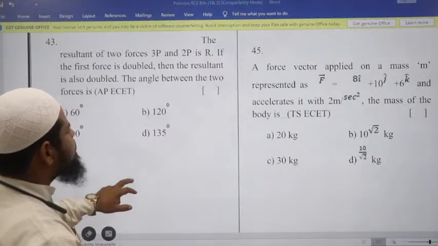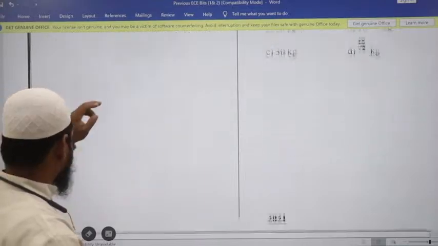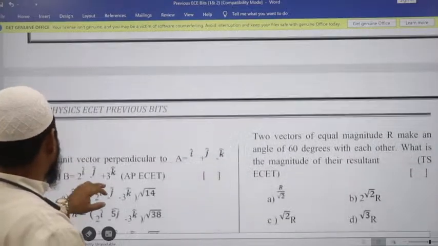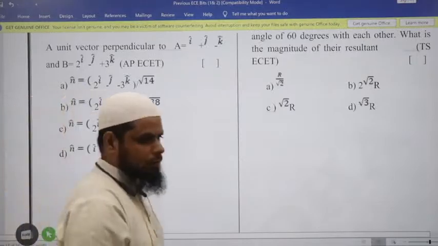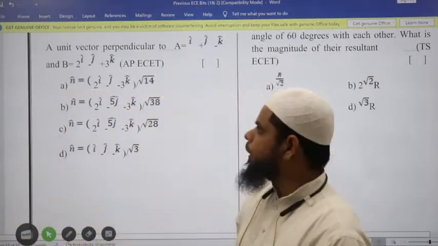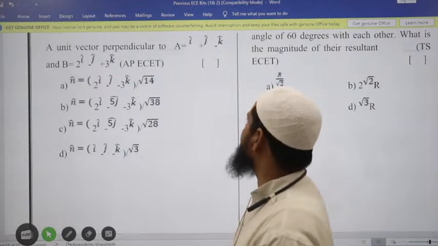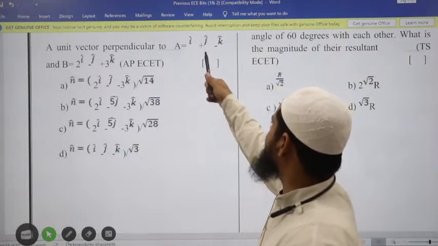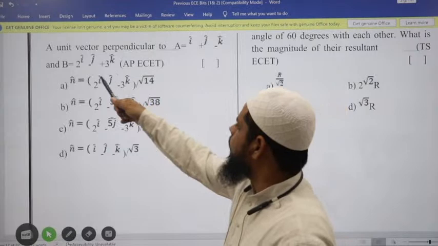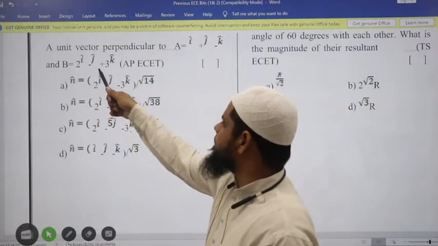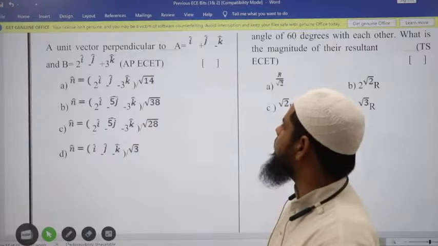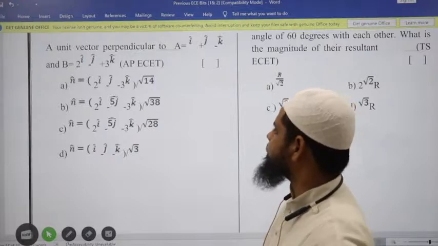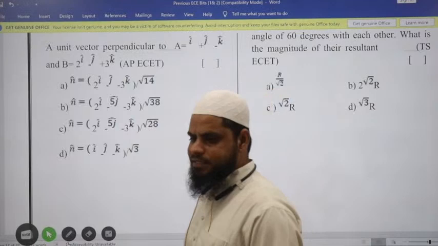Next, let us move on to the next problem, 44. The next one is a unit vector perpendicular to A is I plus j minus k and B is equal to 2I minus j plus 3k. What is the unit vector perpendicular to this one? So, can you guess the answer please?